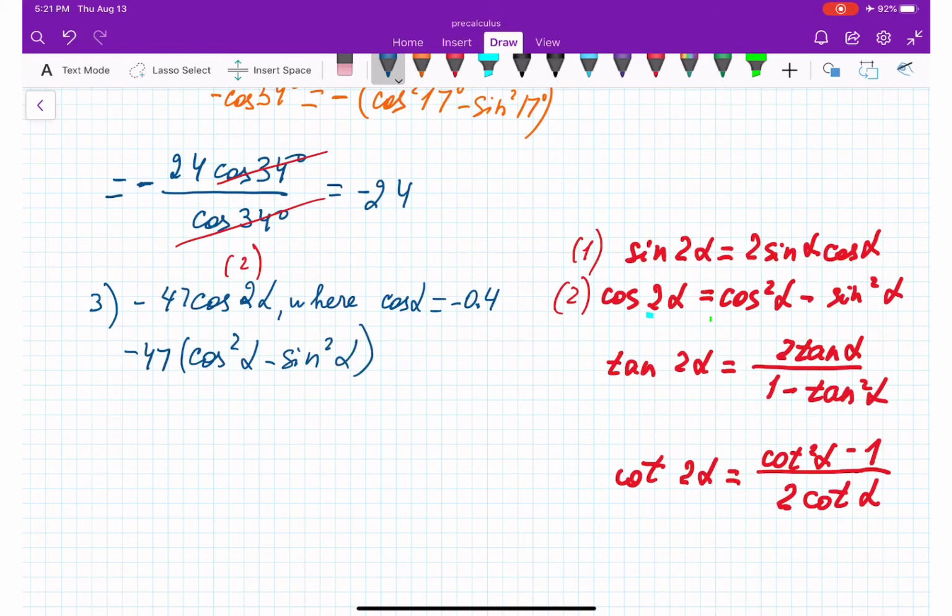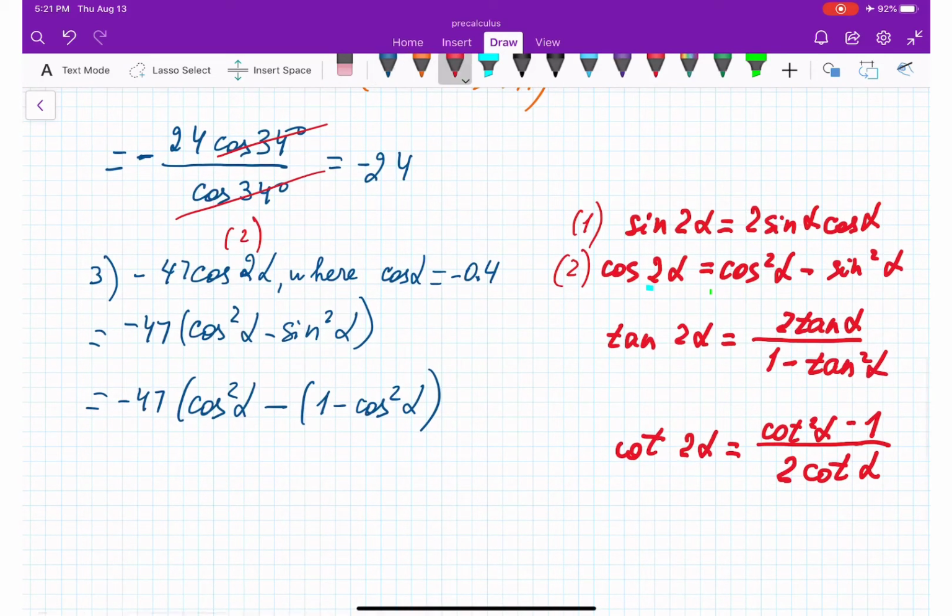Okay, so sine squared alpha is equal... So this is going to be negative 47. Cosine squared alpha is going to be equal. Sine squared alpha is 1 minus cosine squared alpha.